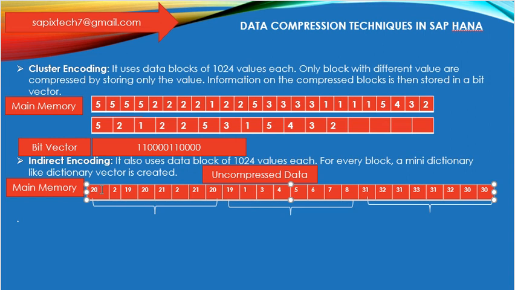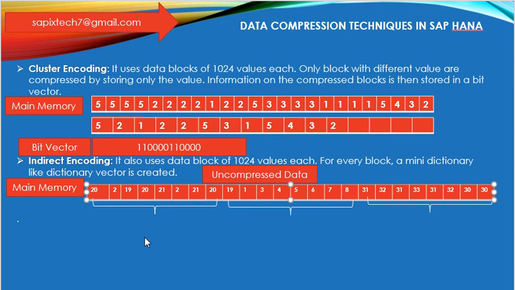At the second position might be America. So any value can be there position-wise in a column. If you look at the data closely, we have 20, 19, 20, 21, 21, 20. I can see data is repeating.